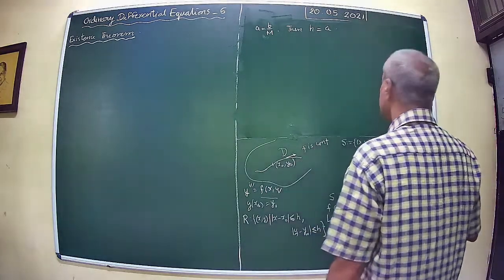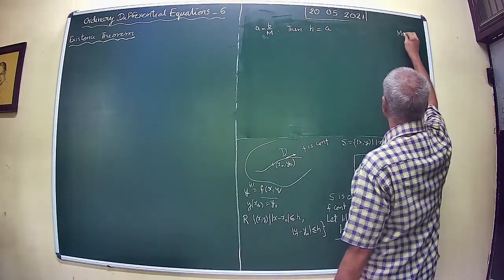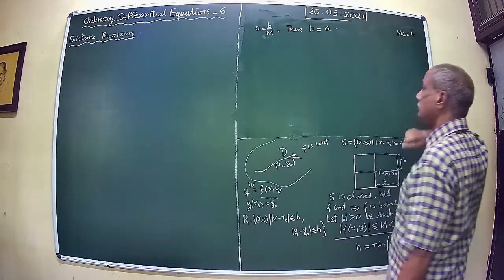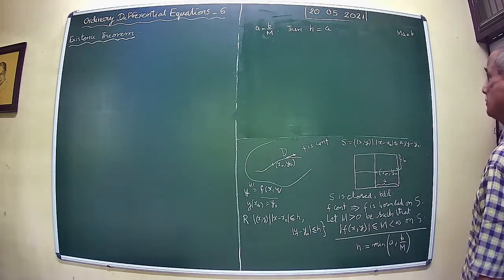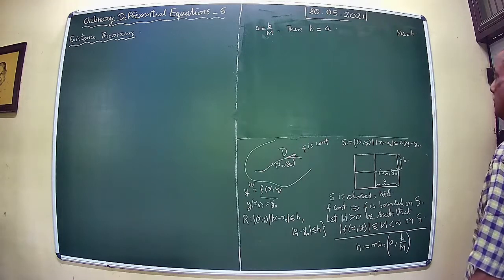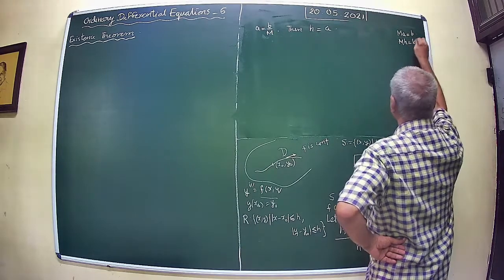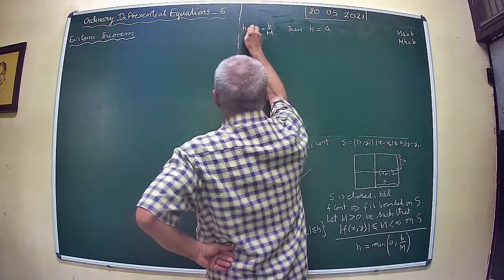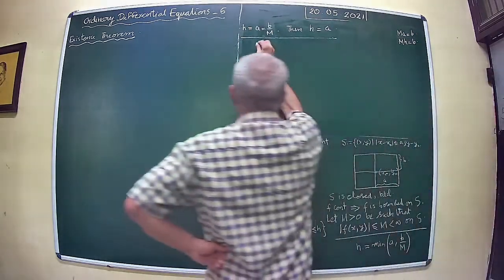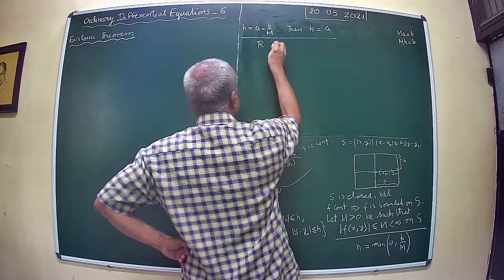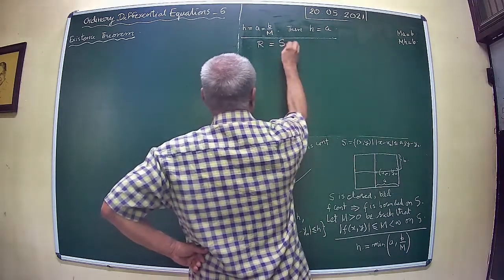In that case you see that M times a equals b, and this is equal to h, therefore Mh equals b. In that case, your R becomes the same as S.